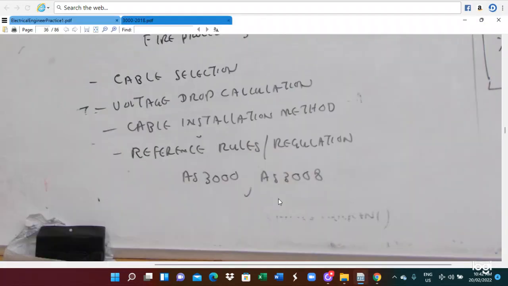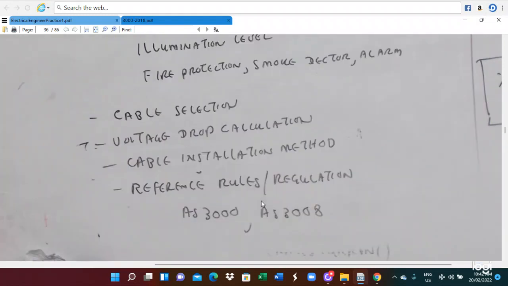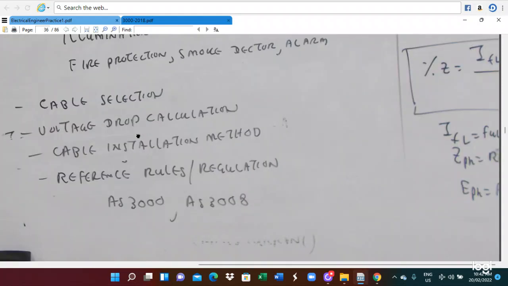So this is the way we have to utilize the AS3000 rule to calculate the cable size. AS3008 is for cable selection. So those things we have to calculate.